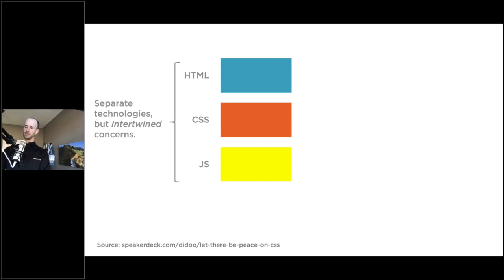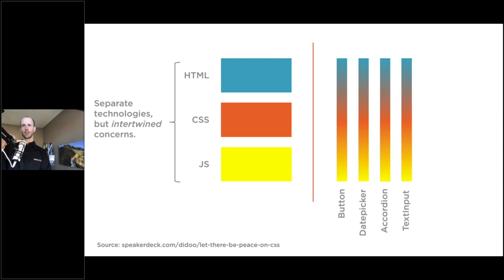And the thing is, HTML, JavaScript, and CSS are most certainly separate technologies, but they are fundamentally intertwined because for me to create, say, a date picker, I have to write some HTML and some JavaScript and some CSS, and those all have to be written together in a very specific way so that it works successfully. So my real concern is the button, the date picker, the accordion, the text input. Each component in my application is truly my concern.